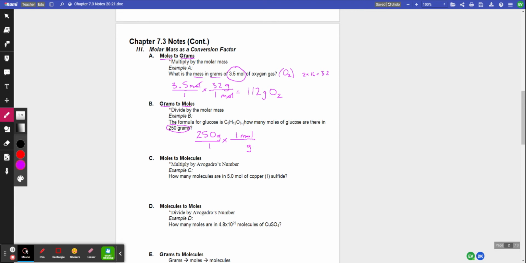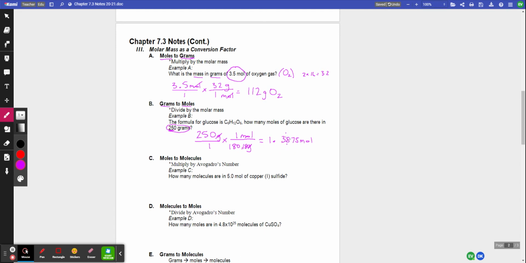The molar mass for glucose is 180.18, so 250 divided by 180.18 is 1.3875 moles. There are 2 sig figs in my starting number, so my answer needs to be rounded here.